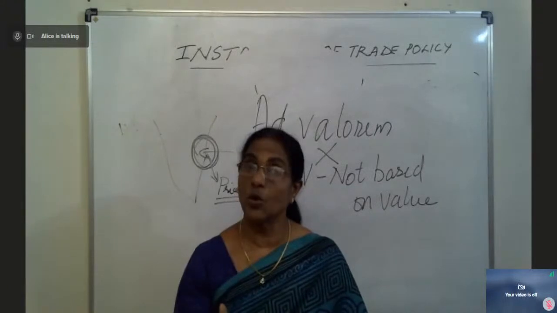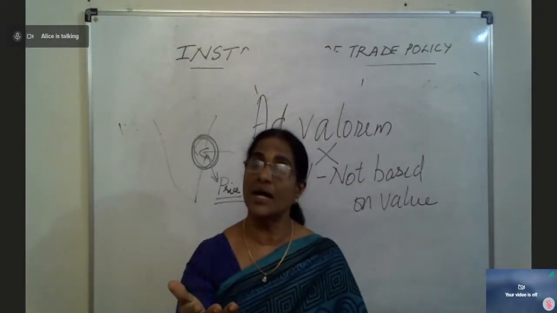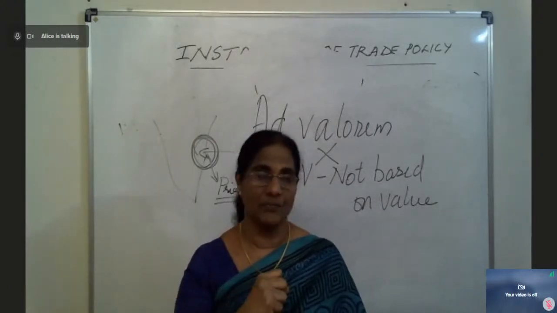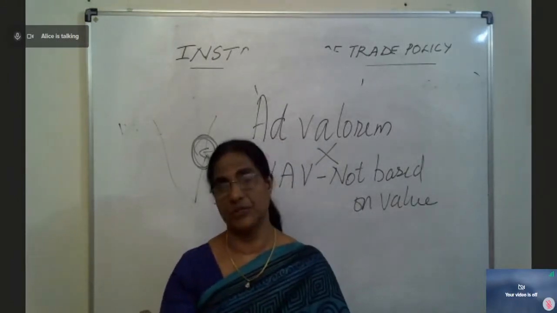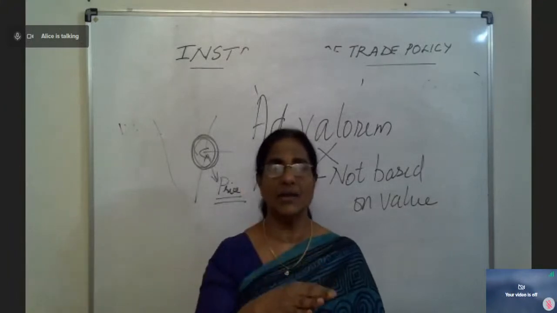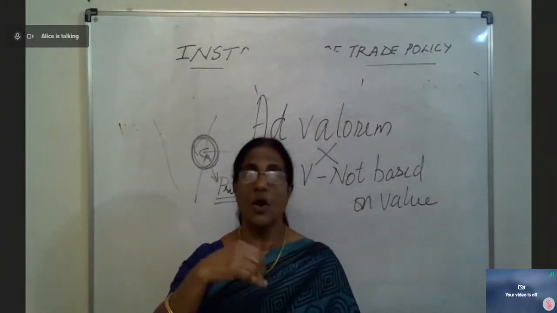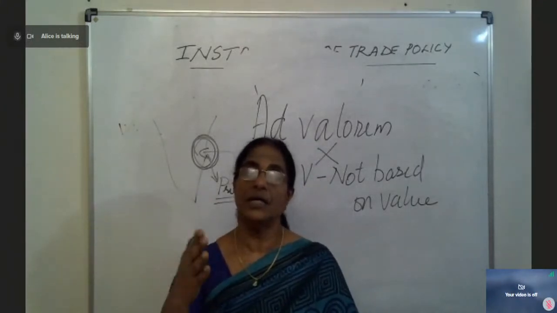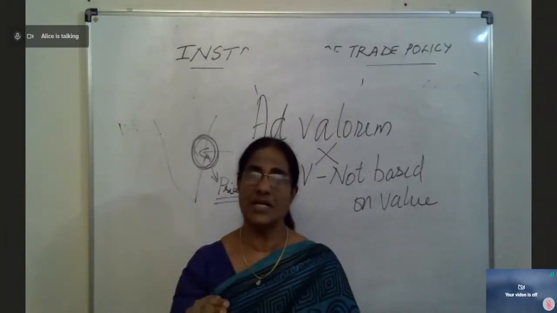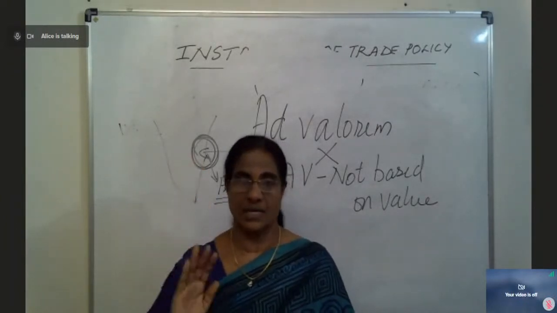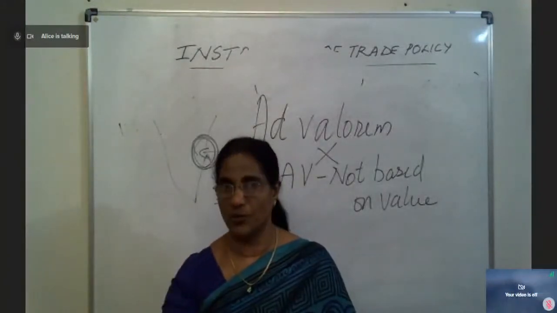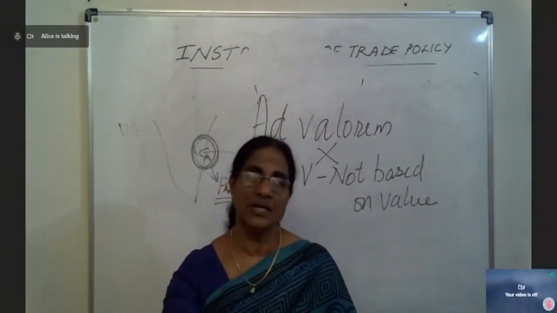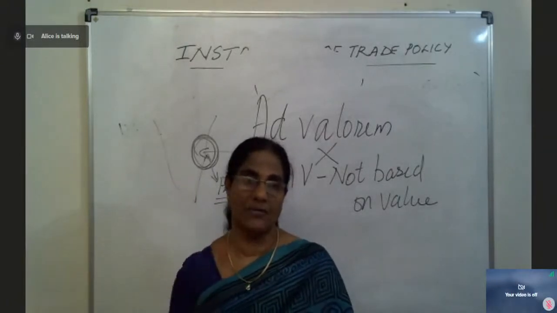Suppose the price is lower, an ad valorem tax will only bring lower revenue. Then we'll go for specific duty. So either the ad valorem or a specific, depending on which is generating highest income. If more income is by specific, we'll go for specific. If more income is through ad valorem, we'll go for ad valorem.